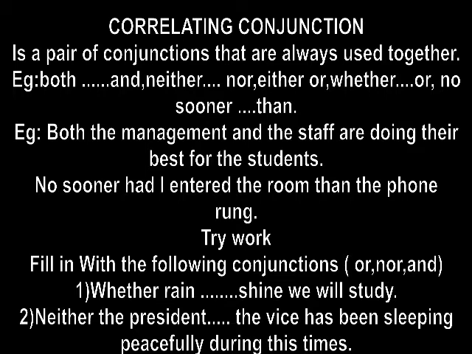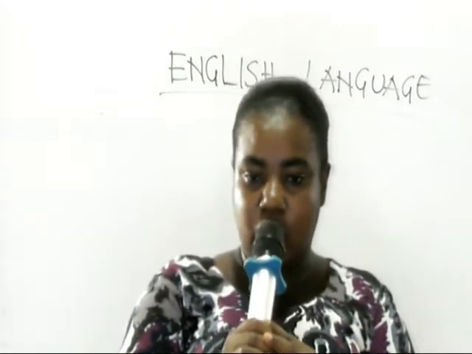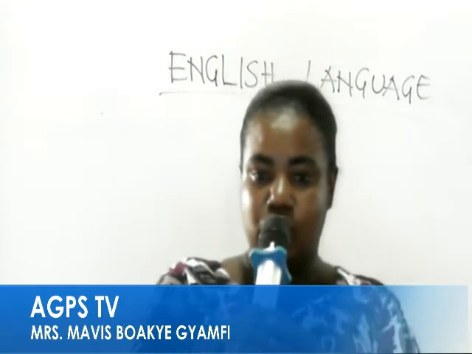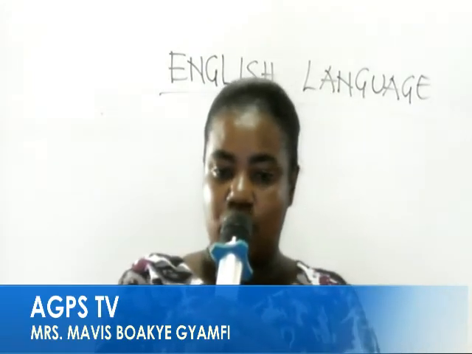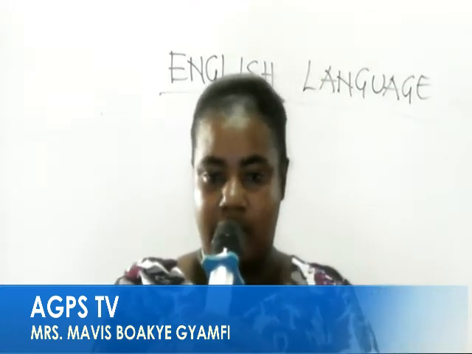I hope you got my message clear. And when someone asks you about conjunctions, I hope that you'll be able to give the person the explanation. So we started with coordinating, that is conjunctions that join two equal things, that is, they join two clauses, sentences, or phrases that are of equal importance.